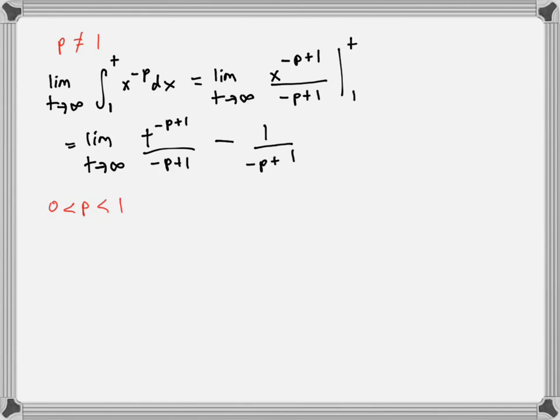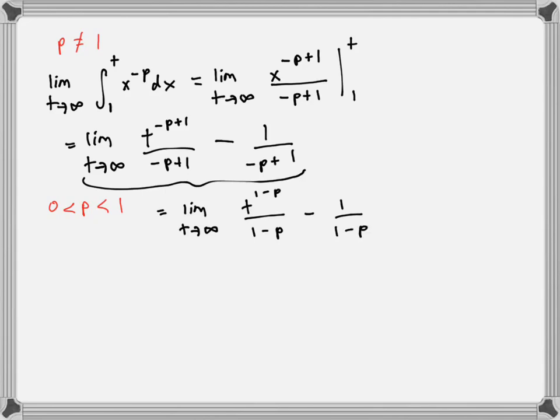So what we get above, let me write it this way so you guys could see what I'm talking about, I get t to the 1 minus p over 1 minus p, minus 1 over 1 minus p, because -p plus 1 is the same as 1 minus p. But if you send t to infinity, infinity to a positive power is infinity. Okay? So this guy goes to infinity, so the answer is infinity. In other words, it diverges.